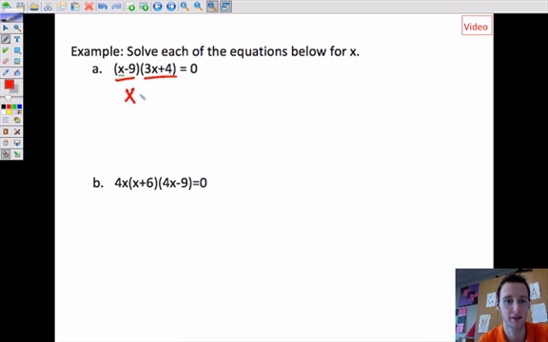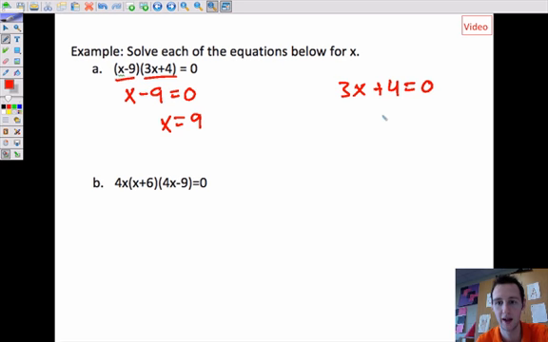So you take this first one, x minus 9, set that equal to 0, and you take the second piece, 3x plus 4, set that equal to 0. Solving for x then, we get x equals 9 here, and here we'll get x equals negative 4 over 3. So if I've solved it for x, then my two answers would be x equals 9, x equals negative 4 over 3.